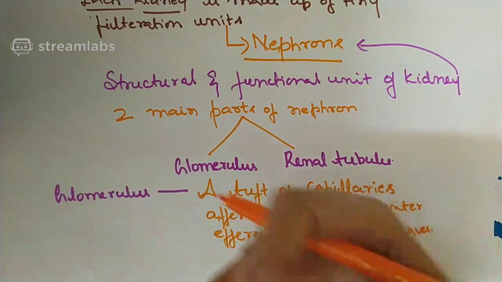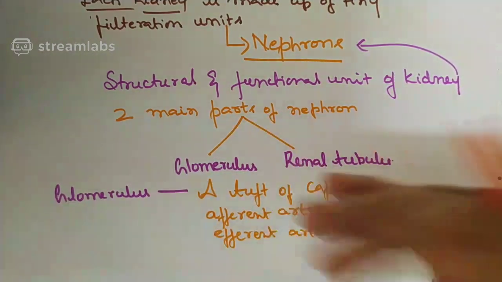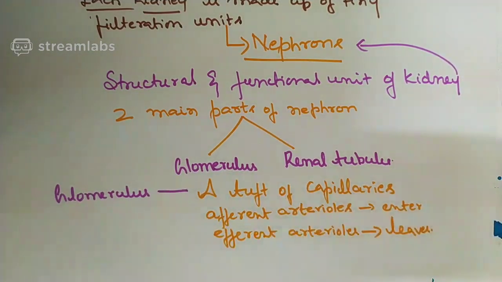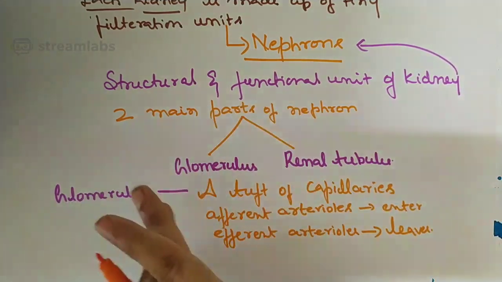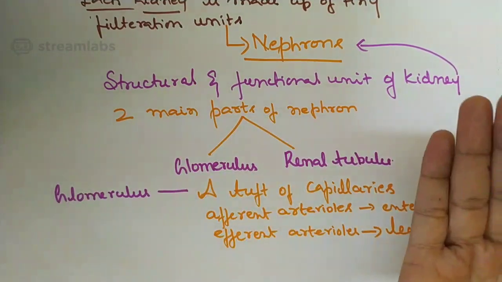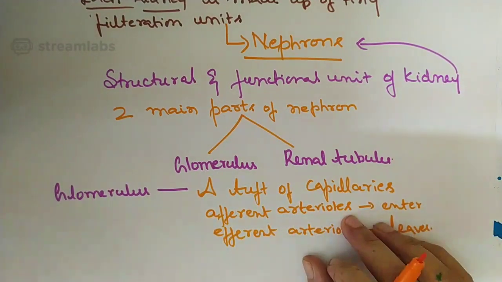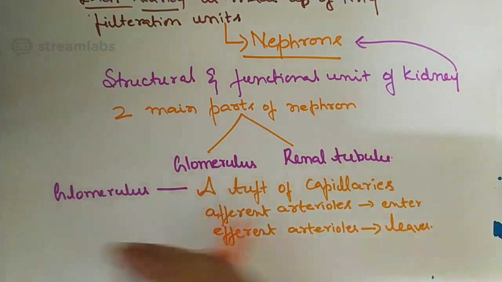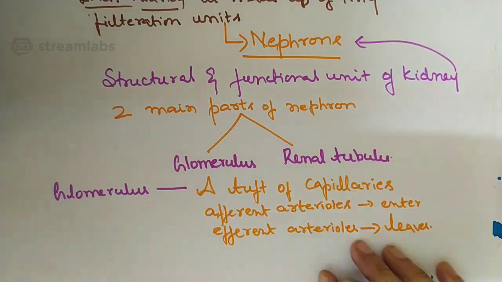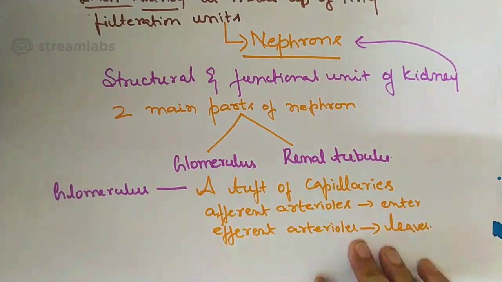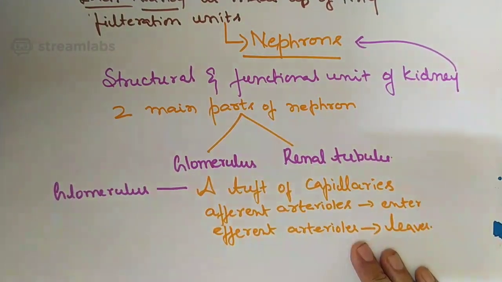The waste present in the blood has to be filtered. So entering is with the help of the afferent arteriole, and leaving is with the help of the efferent arteriole.